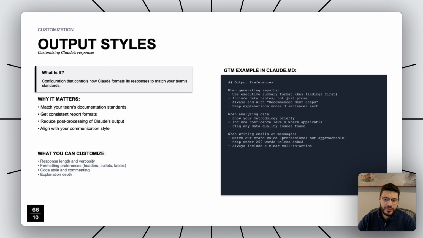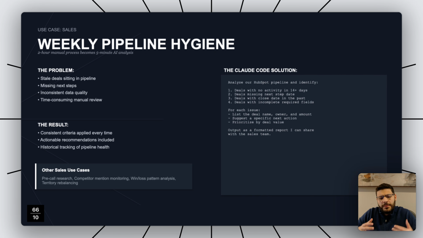So for example, here on the right side, you'll see there's a section that you can create that is output preferences. So when it's generating a report, use an executive summary format. When you're analyzing data, show your methodology briefly, etc. You can really tailor it, whether it be brand or voice, or you can dictate how you want Claude Code to operate.